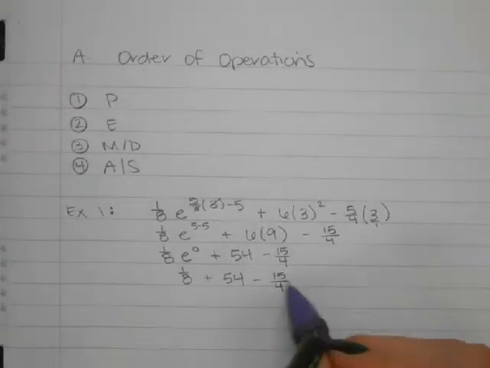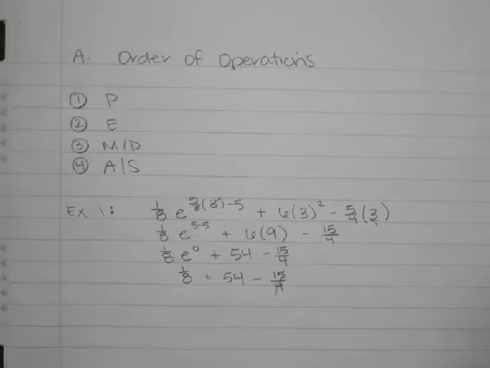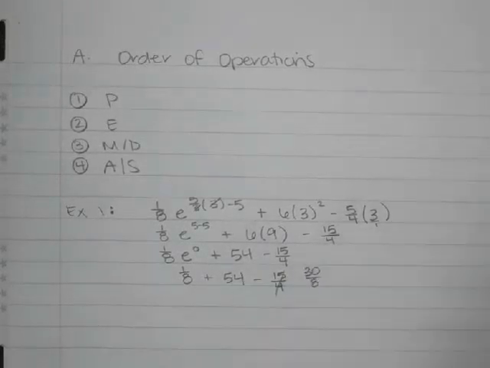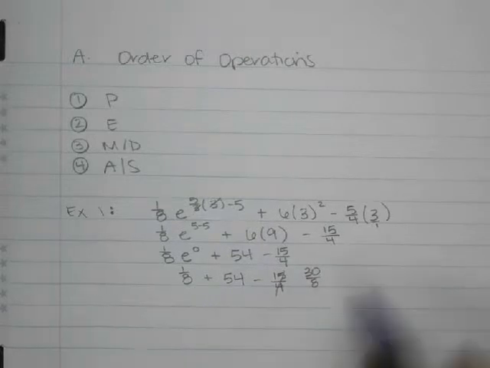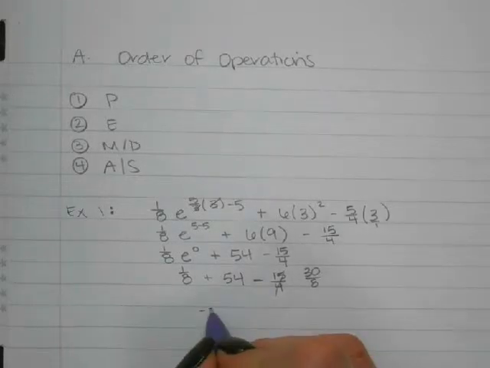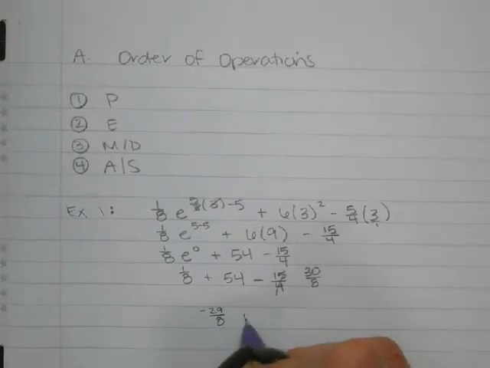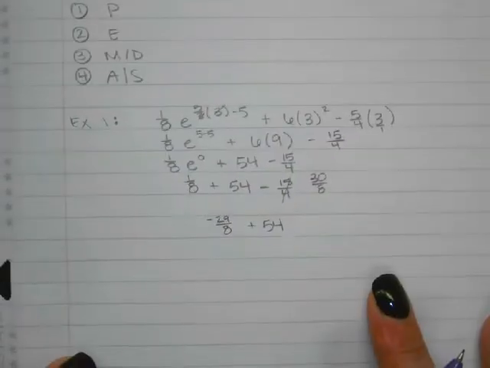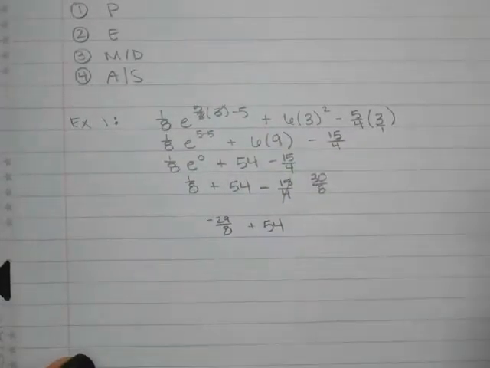To get this to be in terms of 8ths, I'm going to multiply the top and the bottom by 2. So I have 30/8. So 1/8 minus 30/8, because that's a negative. That'd be negative 29/8 plus 54. And then at this point, I need 54 to be written in terms of 8ths.